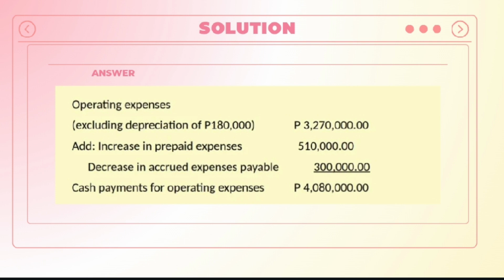Number 4, calculate cash payments for operating expenses. Add the operating expenses, the increase in prepaid expenses, and the decrease in accrued expense payable.